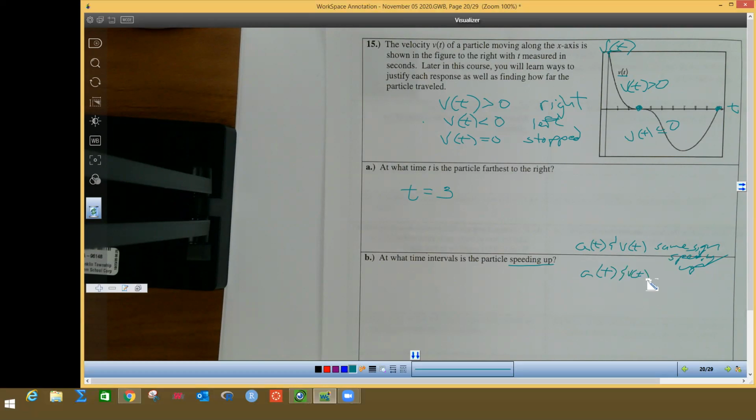In other words, one's positive, one's negative. So what is acceleration compared to velocity? We just put it on the last problem. What's acceleration compared to velocity?